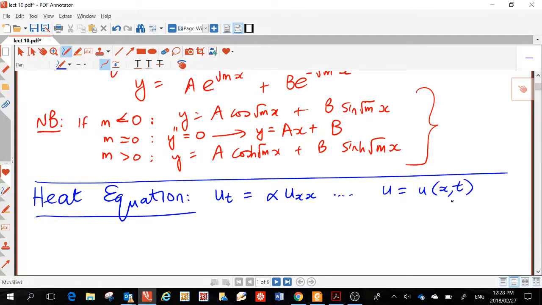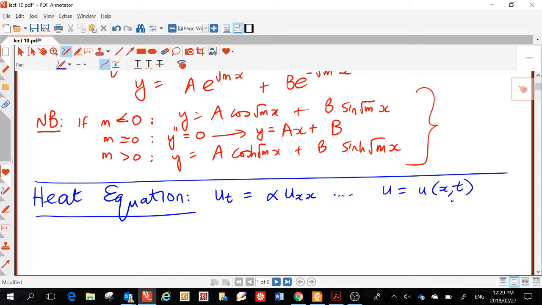So let's suppose the amount of heat, or the heat content of a certain object, is given by the function u of x,t. And the way this heat profile changes in this object is according to the law u_t is always proportional to u_xx.